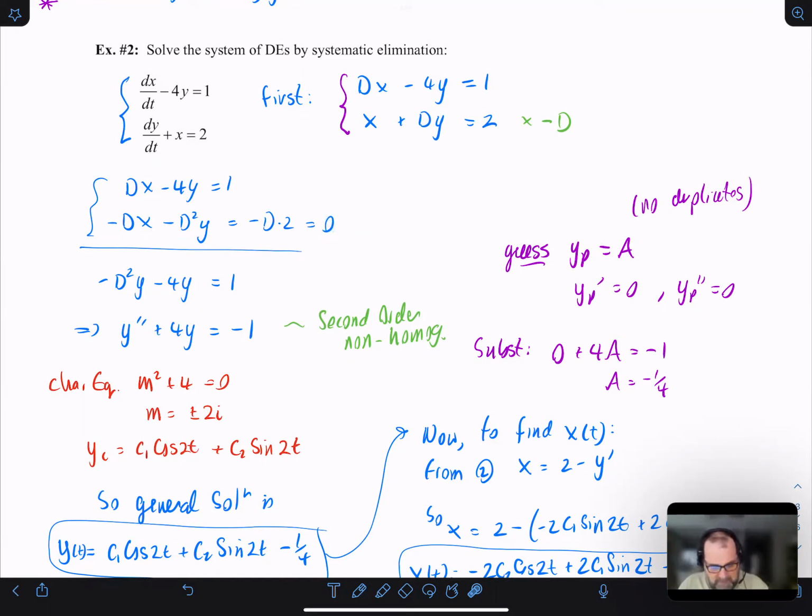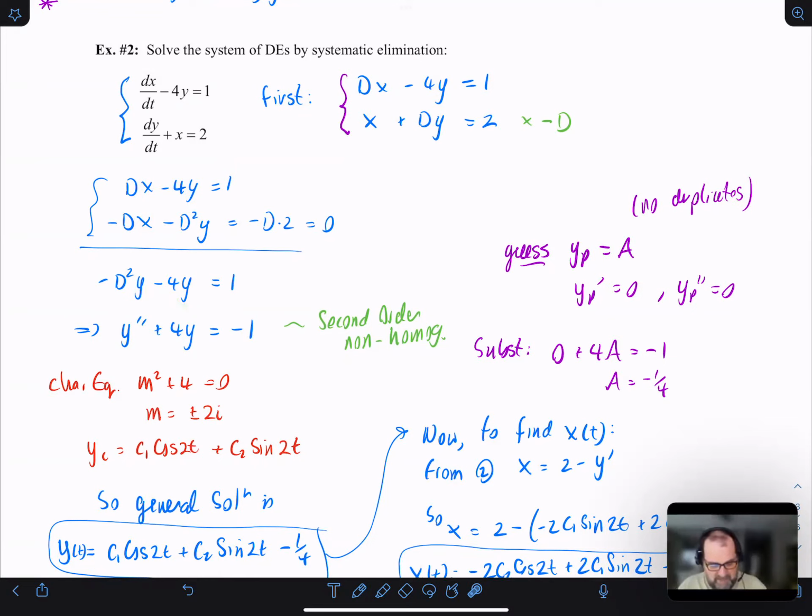At that point, these match up. We can add the two equations together, and we will eliminate those x's and end up with a DE in y only, namely minus D squared y. So we are adding: minus D squared y minus 4y, and then 1 plus 0 is 1. This would be our DE.